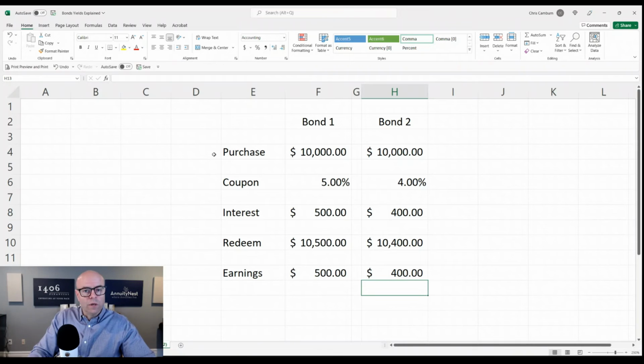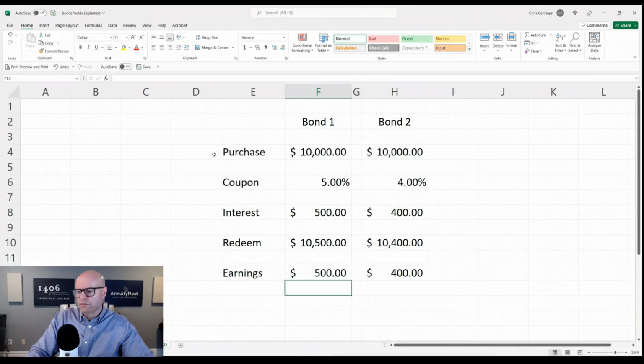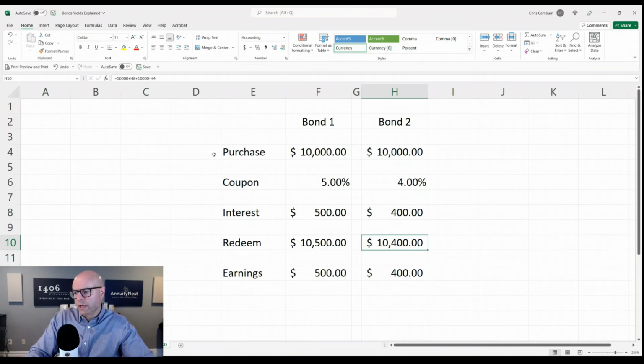Let's assume you have 1 year left on your bond, and it's going to pay $500 of interest for this next year, and then you're going to walk away with $10,500 total when your bond matures. The shiny new bonds, maybe they're not so shiny right now. These rusty new bonds are paying 4%. So a buyer of a new bond would earn $400 of interest and walk away with $10,400.